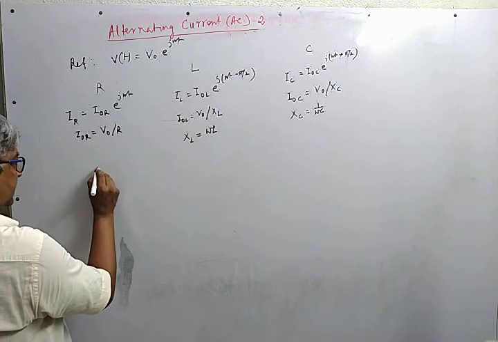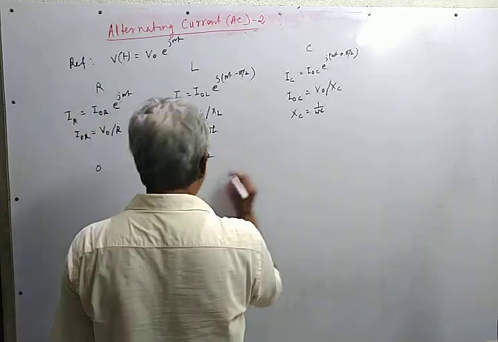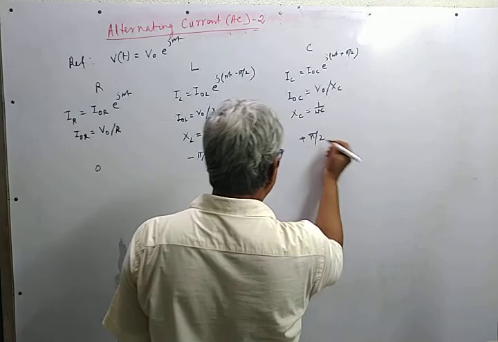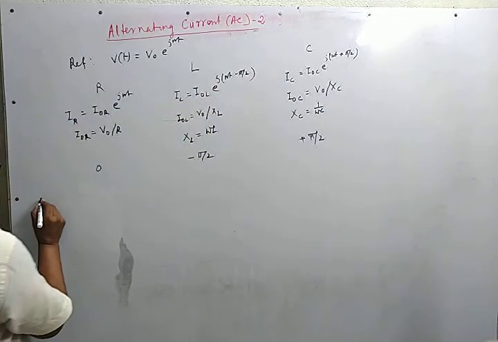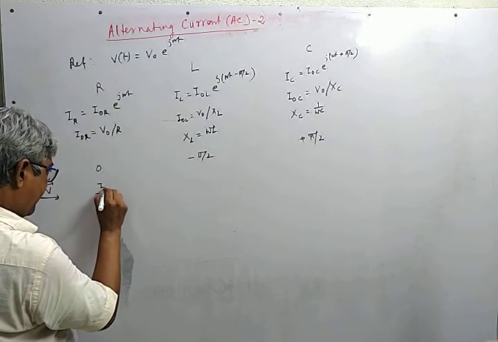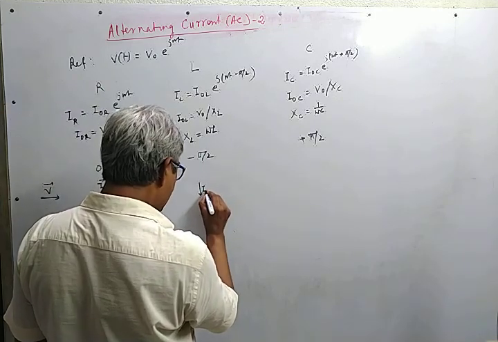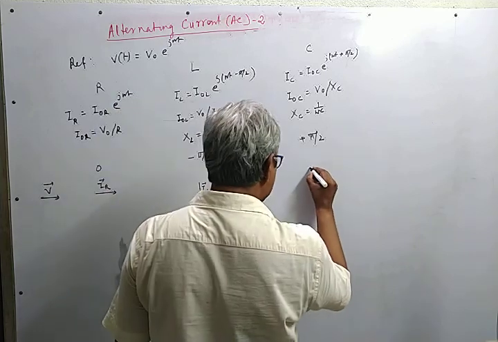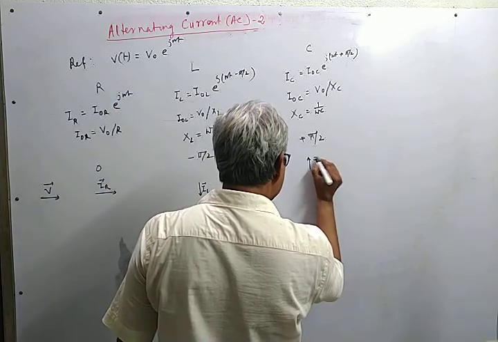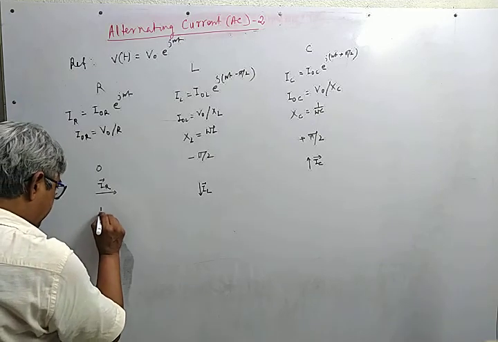Now I come to the phase factor. Phase factor is 0 over here. The phase is lagging behind, so this is minus pi by 2 and this is plus pi by 2. The phasor diagram is that if we have the reference voltage, this is the voltage, this is IR, this is IL, and this is IC. These are the phasor diagrams, and this is a lossy element.